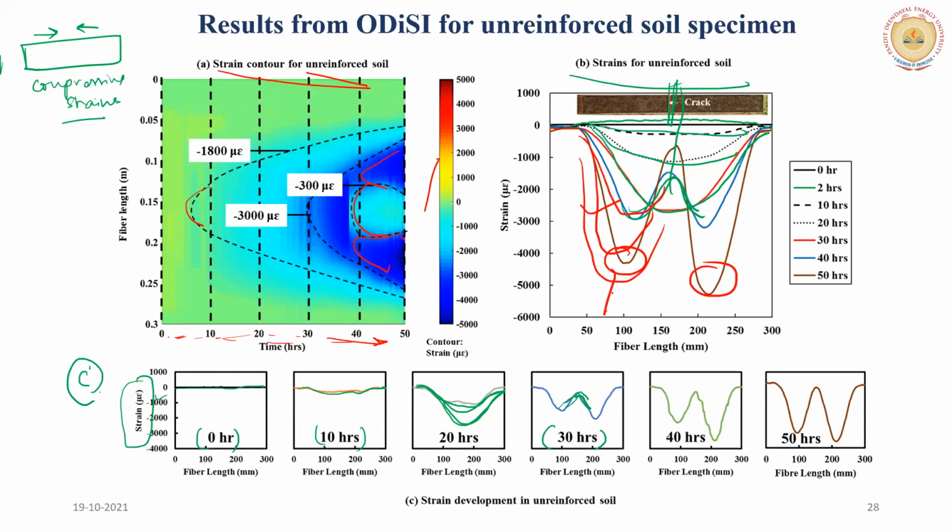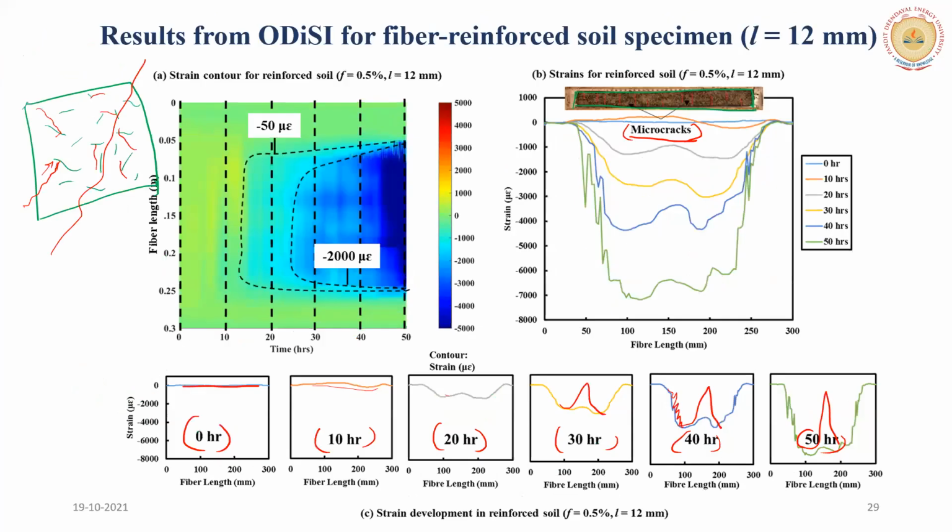Again, there may be a point where this will also crack, right? The same thing is seen in the case of micro cracks, but there is no abrupt cracking that is seen.